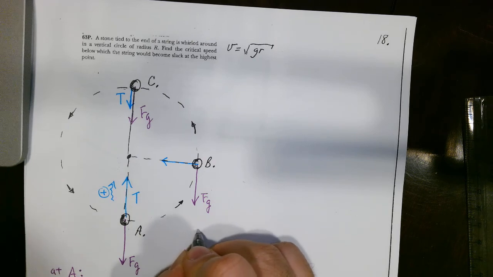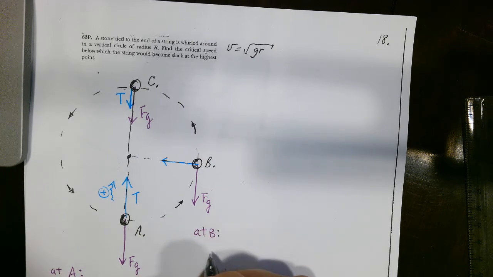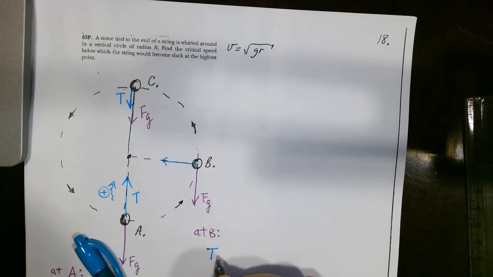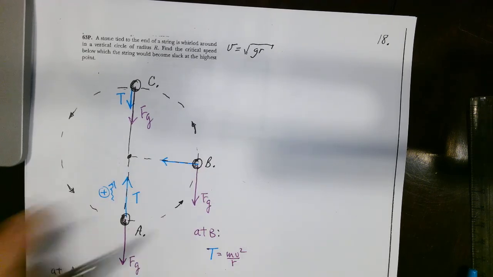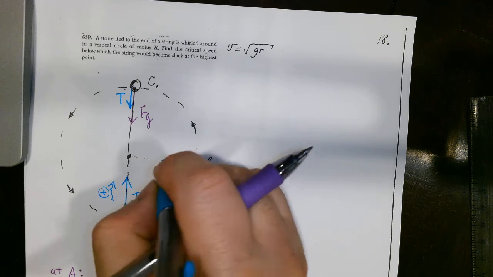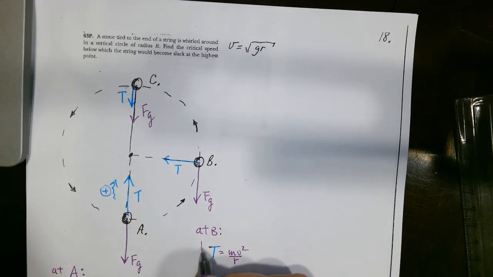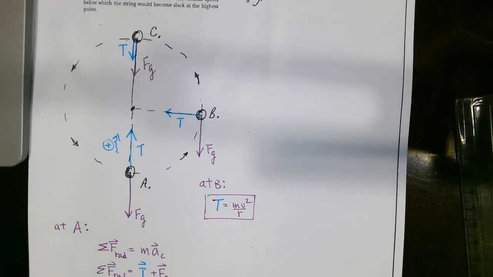So at B, I just have tension equal to mv squared over r, because it doesn't really have any other force other than tension in my radial direction, because Fg doesn't contribute or hurt, right?